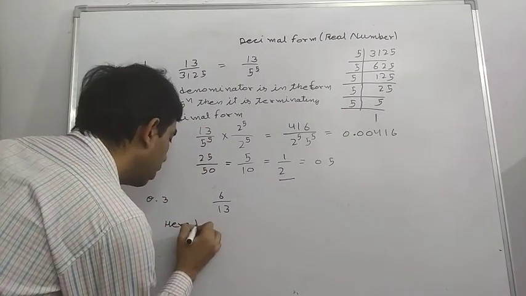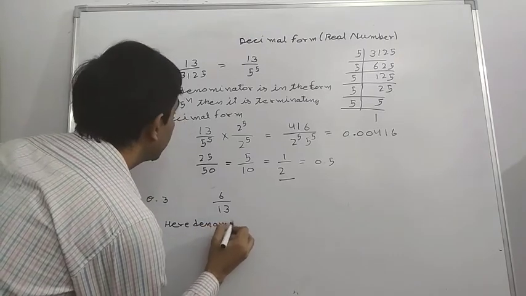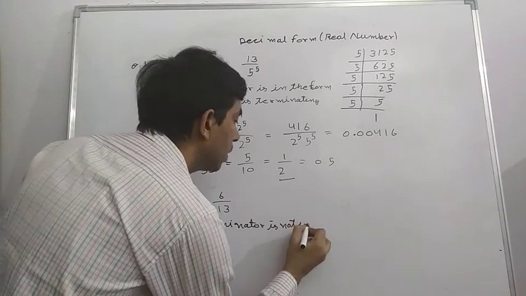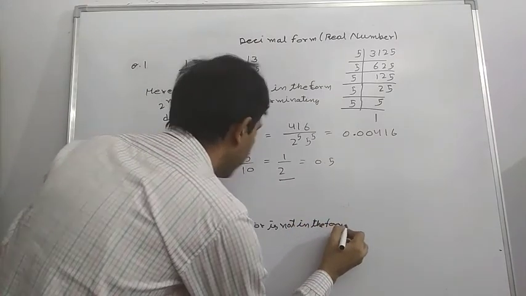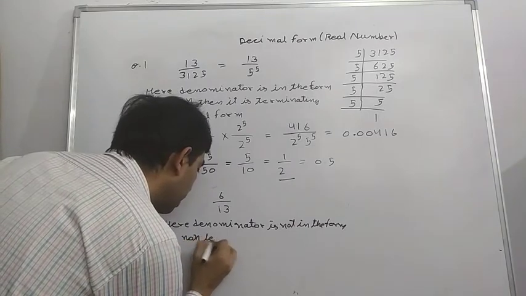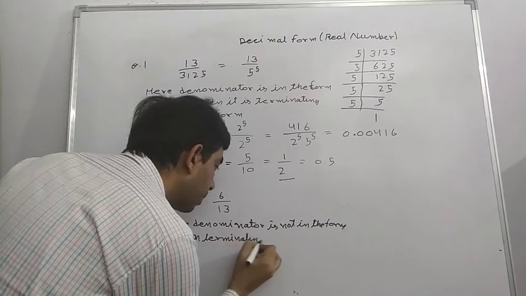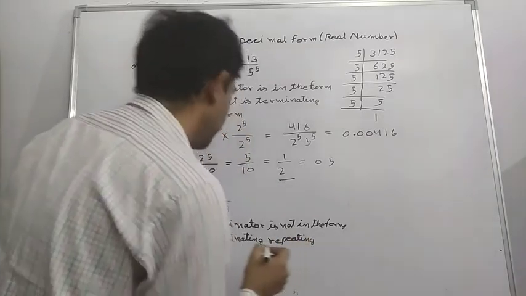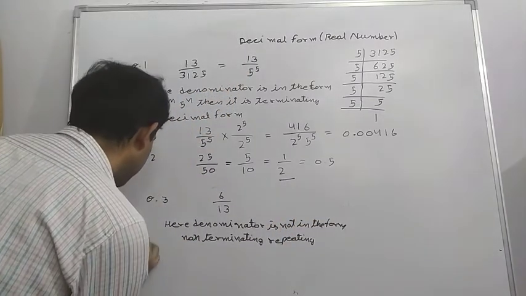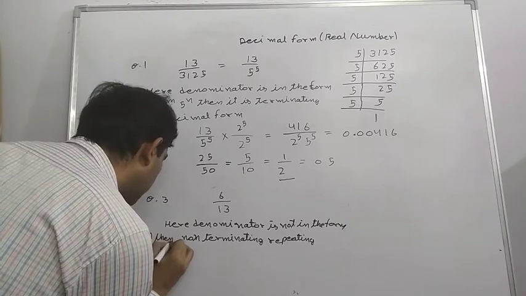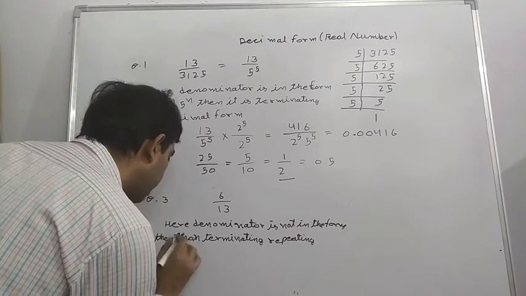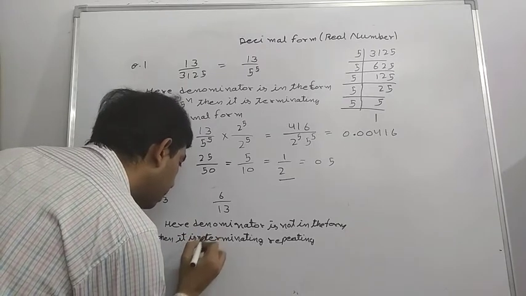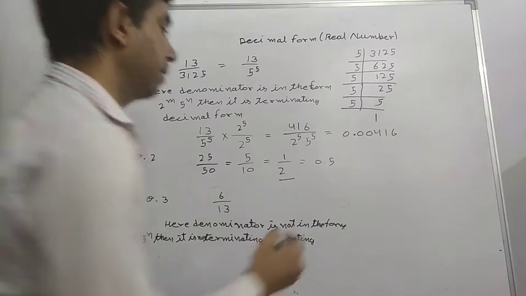Here the denominator is not in the form of 2 to the power m, 5 to the power n, so it is non-terminating, then it is non-terminating repeating decimal form.